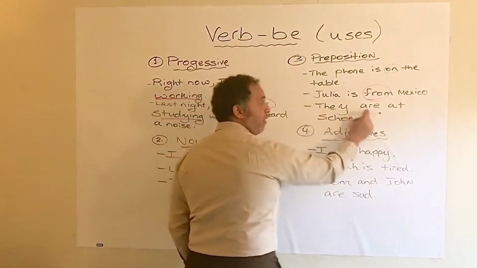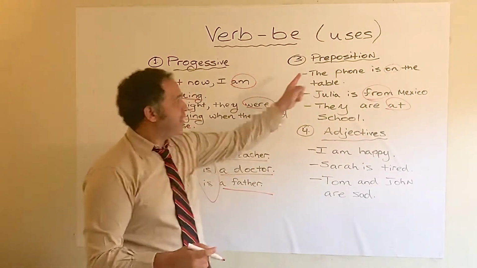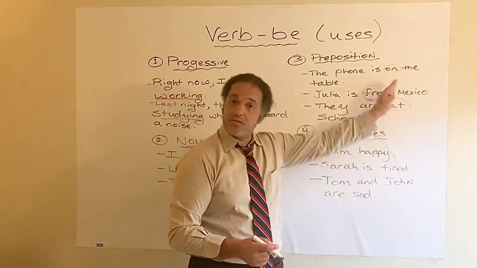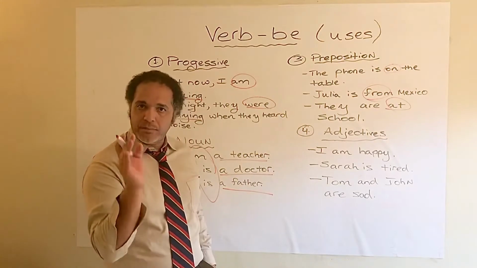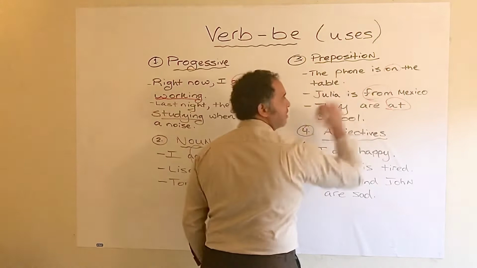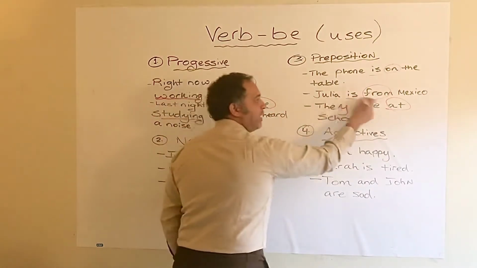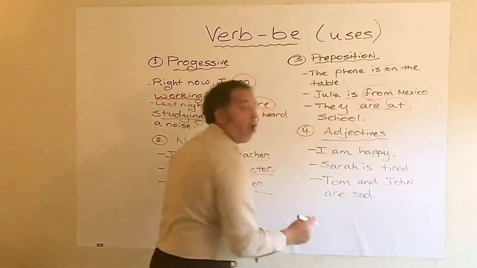They are at school. So anytime we have a preposition and it's followed by a noun, we need to put the verb be. And again, make sure that it agrees with the subject. The phone is. Julia is. They are.